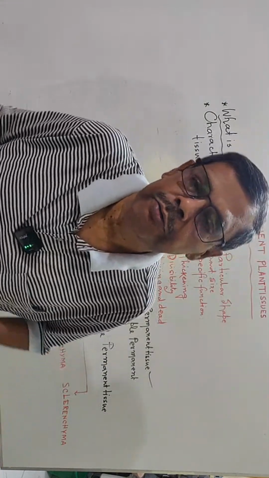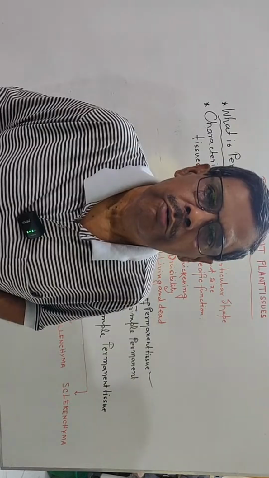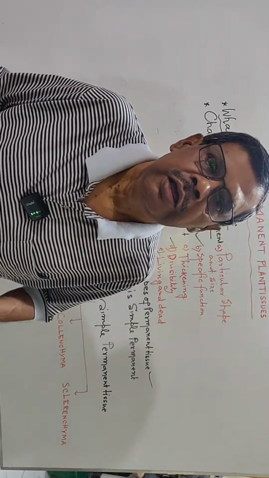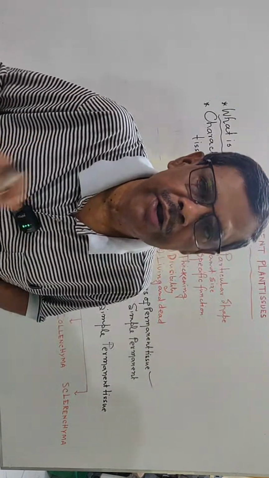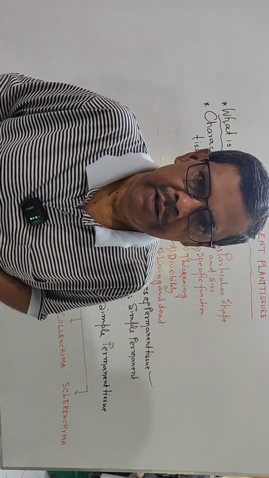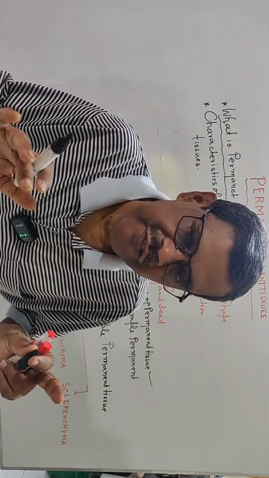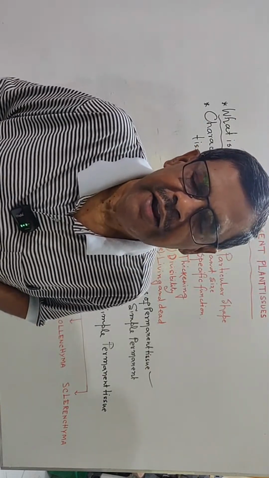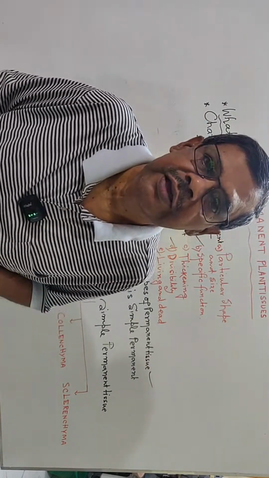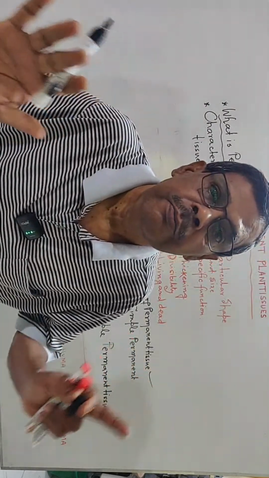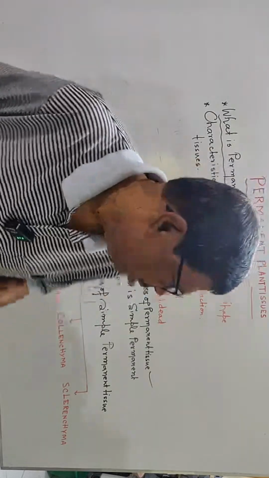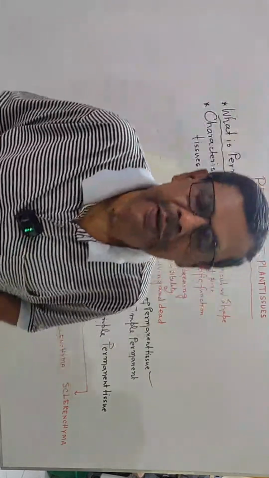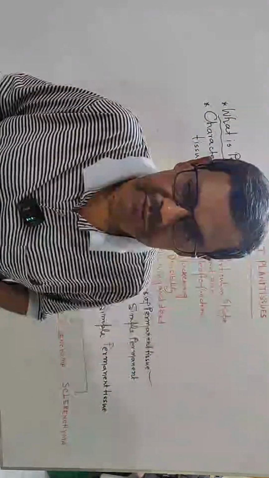The permanent tissue whose cells are same in origin and function, and same type of cells compose the permanent tissue. Whereas in case of complex, there are several types of cells.